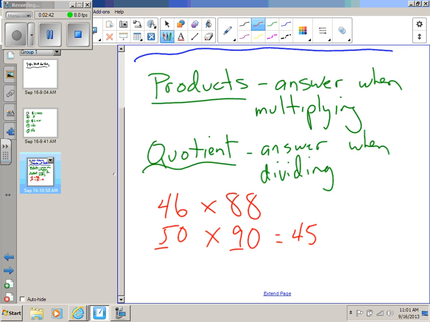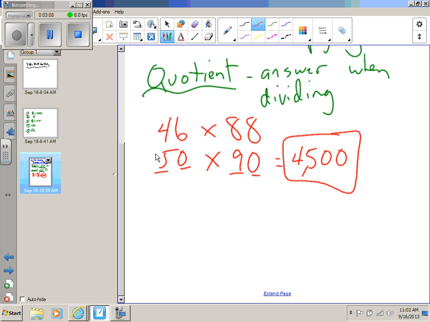But you know 50 times 90 is going to be 45. Then I look at the number of zeros that I have, so I add 2 zeros. So 4,500 would be a reasonable estimate using rounding for that particular problem. Any questions? You try one.